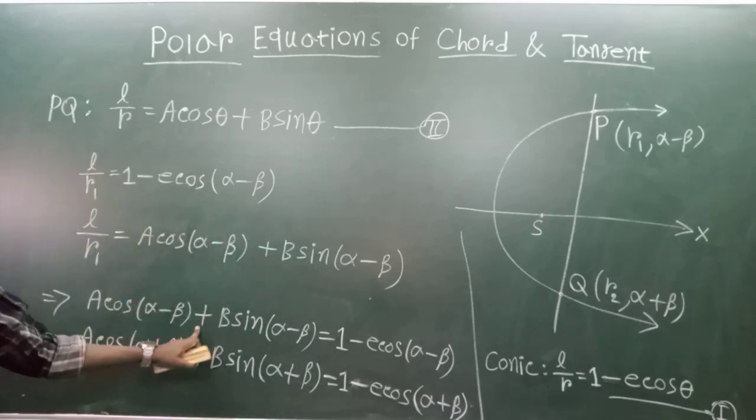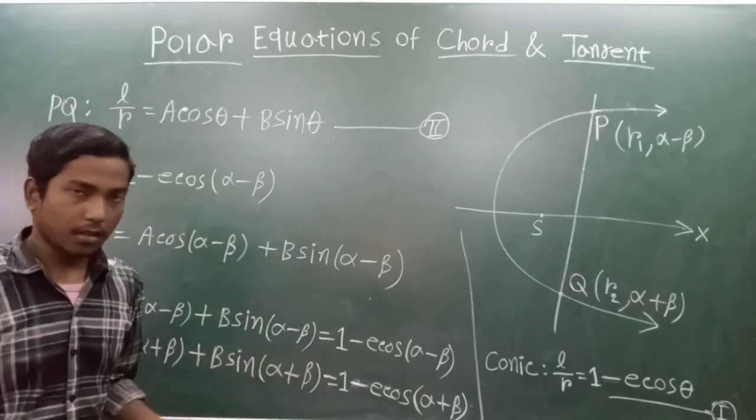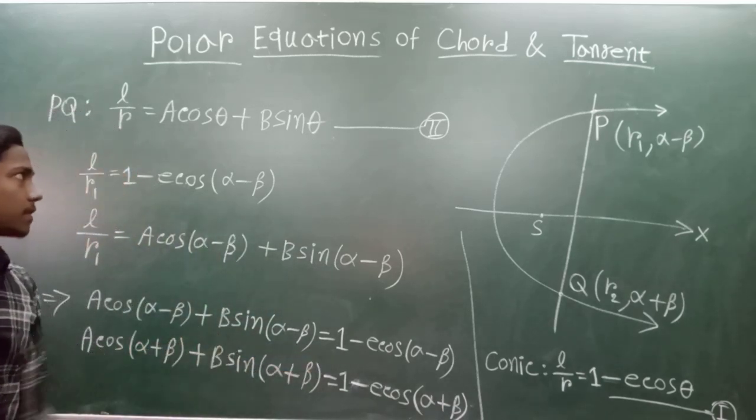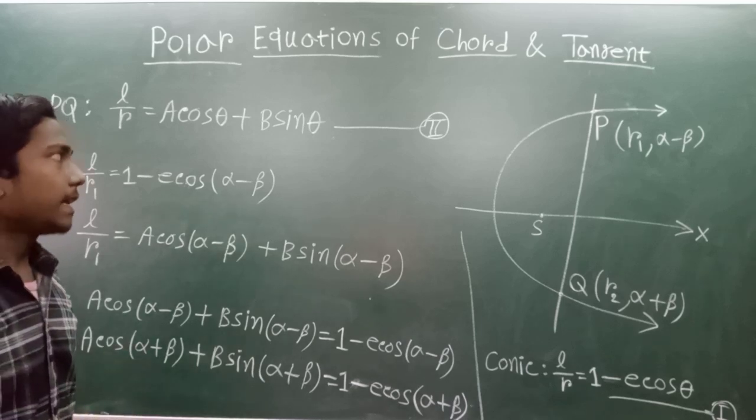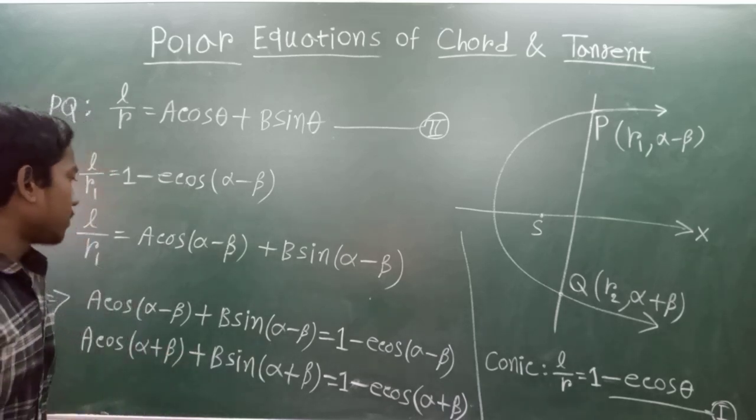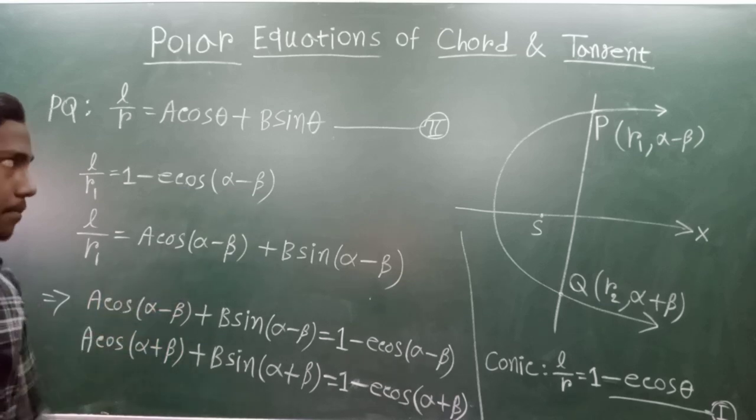So these are two simultaneous equations we obtain, and if you solve them by the cross multiplication method or any other method which is preferable to you, you will find the values of A and B.